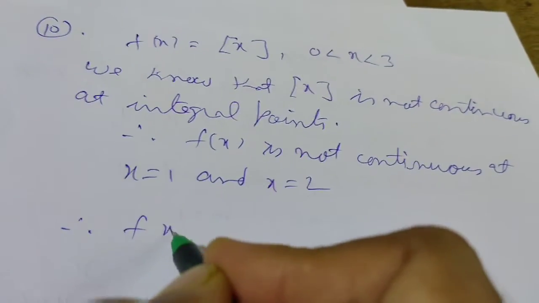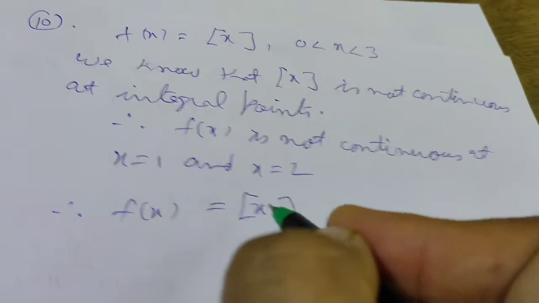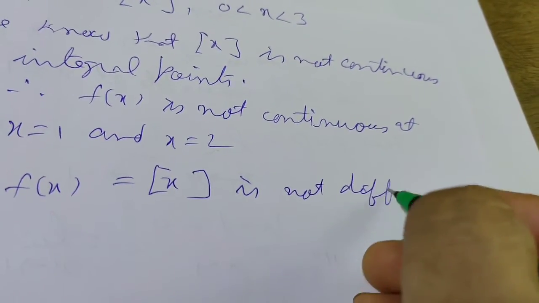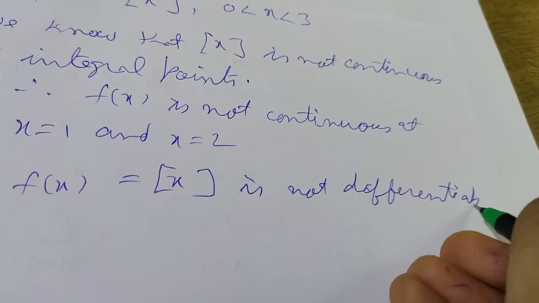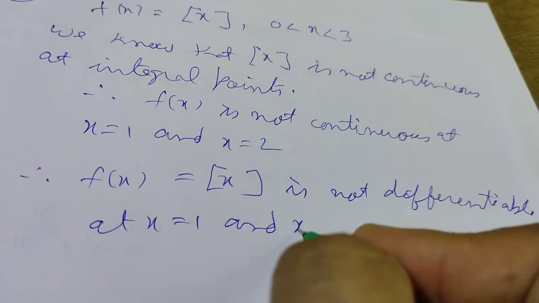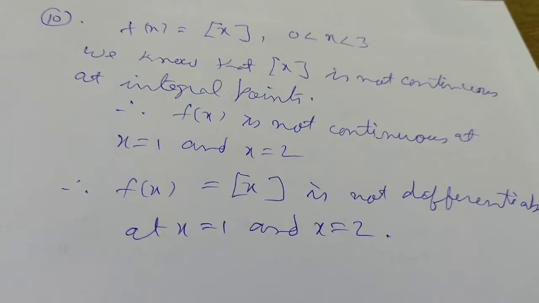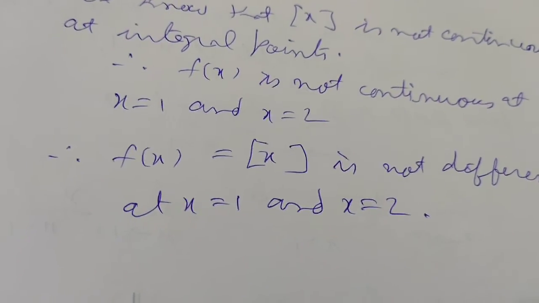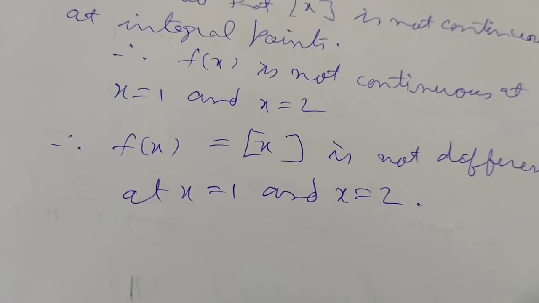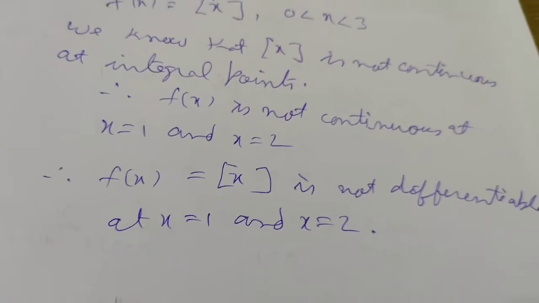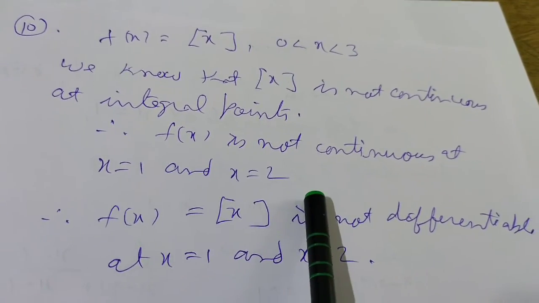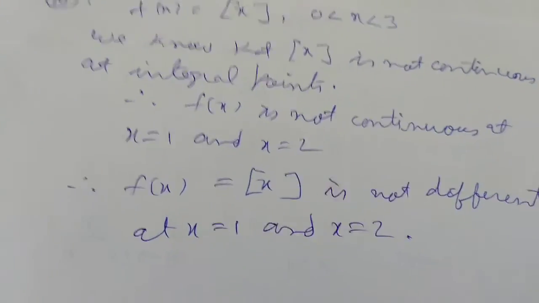Therefore f(x) = [x] is not differentiable at x = 1 and x = 2. Why? Because every differentiable function is continuous, and since this function is not continuous, it cannot be differentiable. Again, I am repeating that every differentiable function is continuous, but here we have proved that the function f is not continuous, therefore it cannot be differentiable. So it's a simple one.